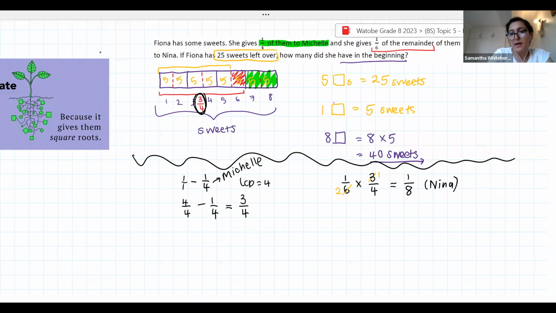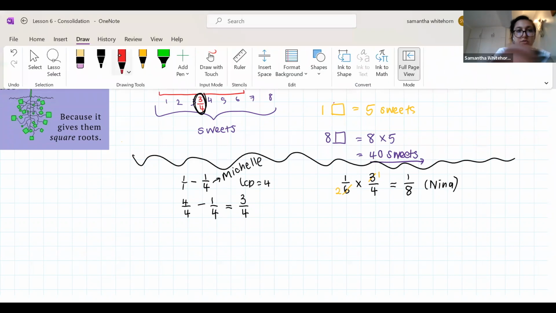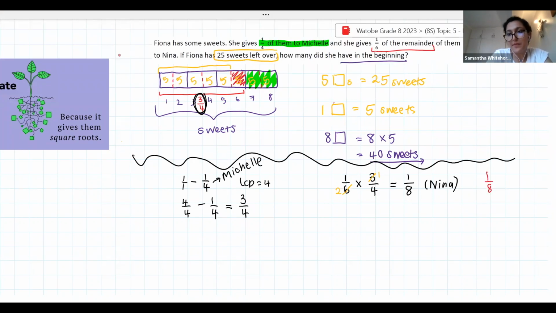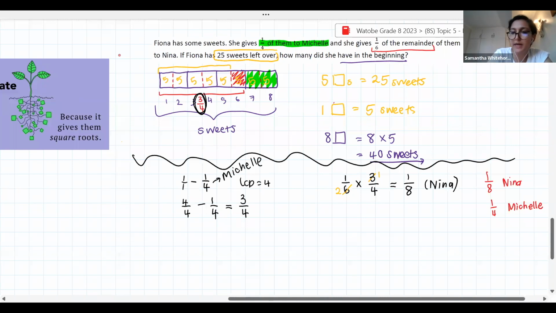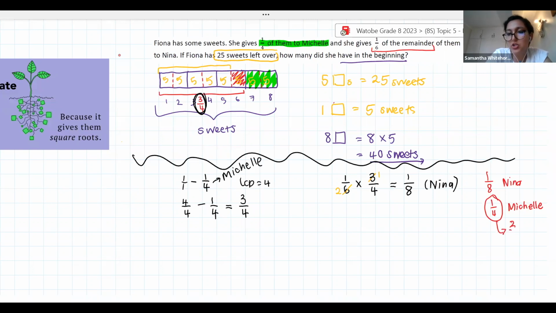Now, if we think about these 2 fractions that I've just written down: 1/8 went to Nina, 1/4 went to Michelle. Guys, what we need to remember is that whenever we try and compare fractions, we want those denominators the same. So this 1/4, we can actually write as 2/8. That means exactly the same thing. They are equivalent fractions. But now I've got my denominators the same.